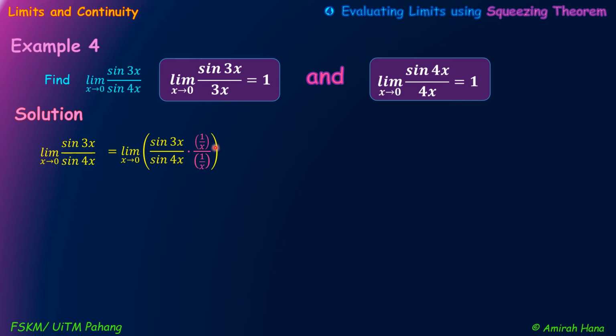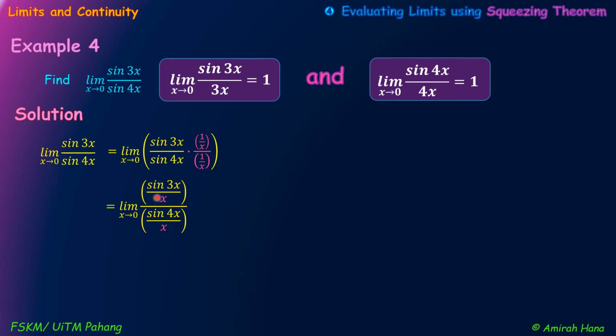Remember, when we multiply by 1, it will not change the original value. But why do we multiply by 1 over x for both numerator and denominator? Because when we multiply by 1 over x, we get sine 3x over x, and in the denominator here, no more sine.